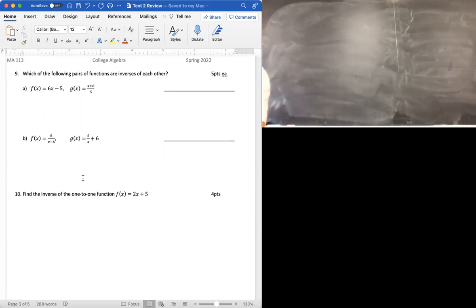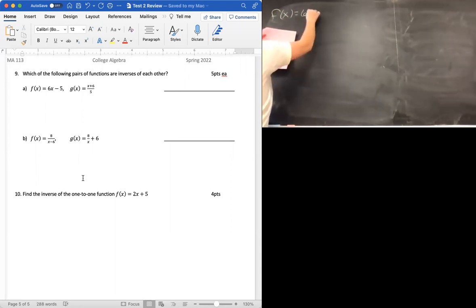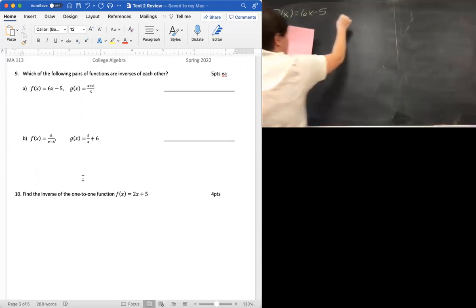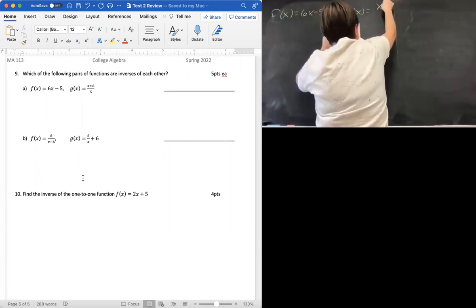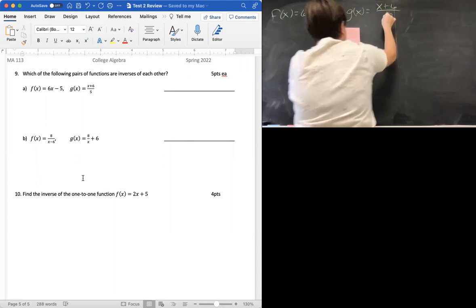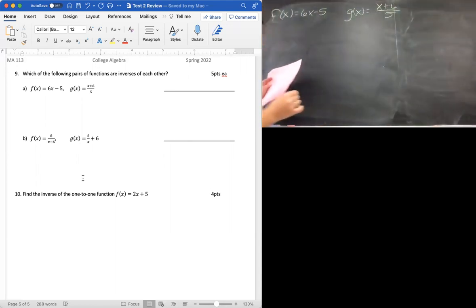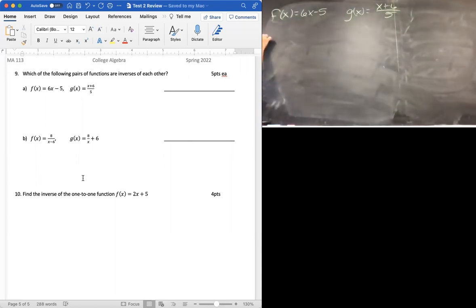So let's look at A. We have f of x equals 6x minus 5, and we have g of x equals x plus 6 all over 5. So let's start by finding f of g of x.